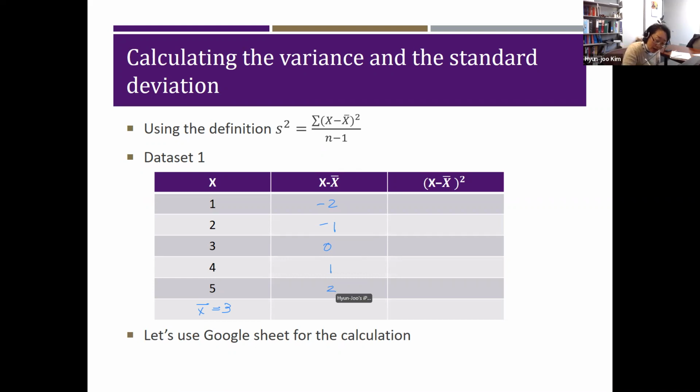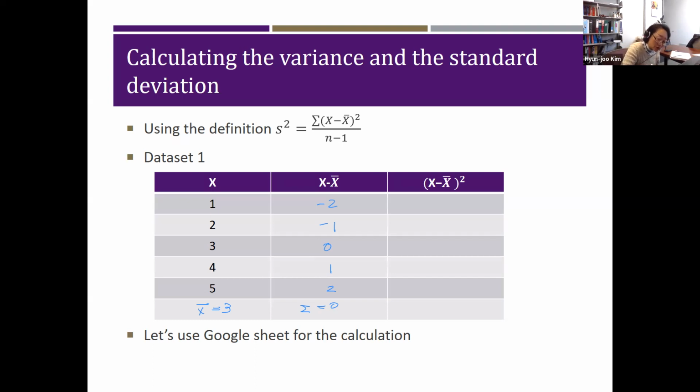And if you add all of this up, by the definition of X bar, because X bar is in the center of the data set, you'll end up having 0. Whatever data set you're using, you're going to have that.